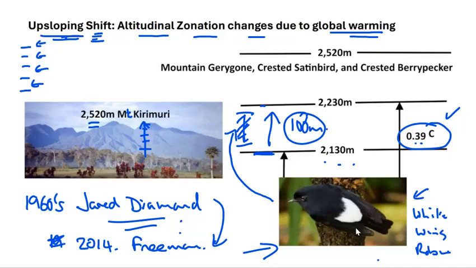Equally interesting is that the height of the mountain is limited to 2,520 meters, and it's thought that for one extra degree shift in temperature, this would further push the white-winged robin right to the summit areas of Mt Kirimuri from their previous lower levels some distance below.